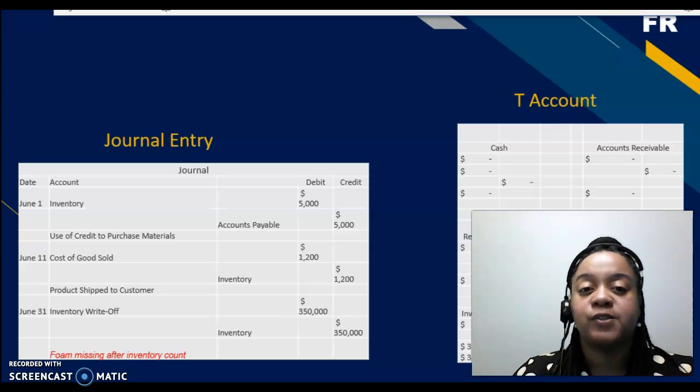On the left side of the screen, you'll see an example of a journal entry, which captures the inventory, an entry for cost of goods sold, and also an entry for the inventory write-off. Now, we use the T account that you see on the right side as a visual structure to keep debits and credits separated.